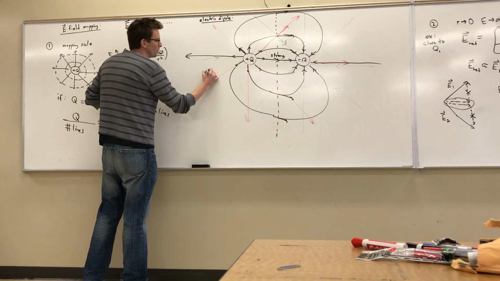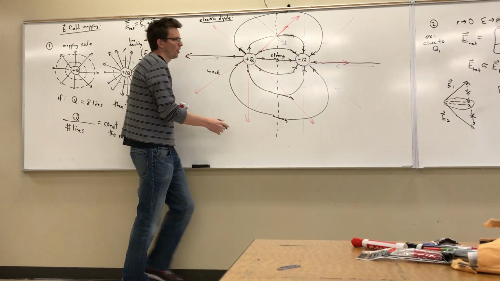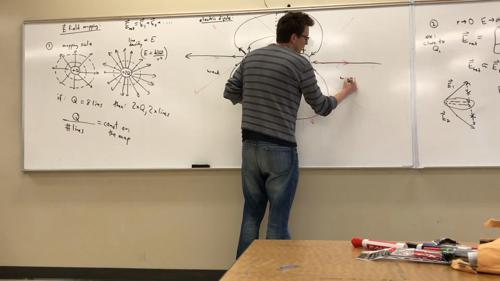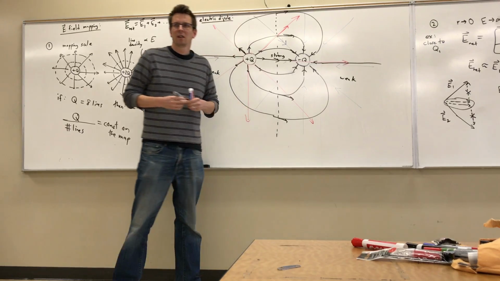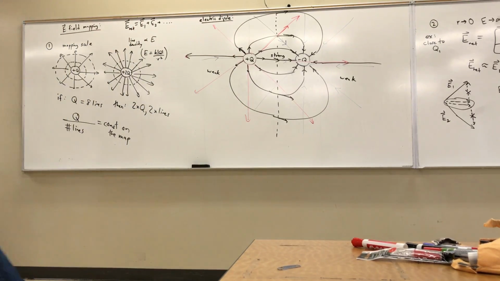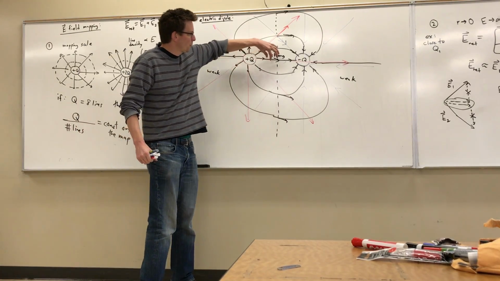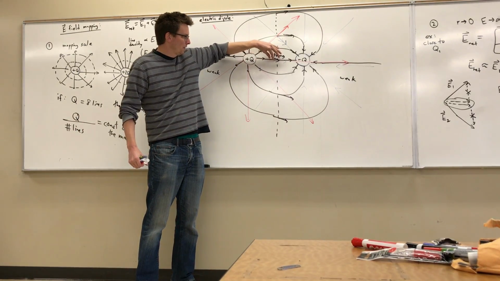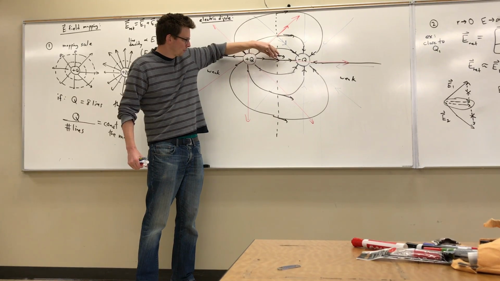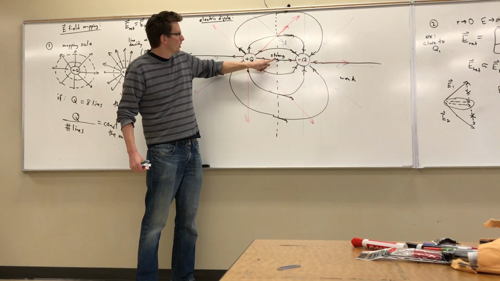Over here, we notice the field lines are pretty far apart. That tells us the field is weak, and of course we know why that is, because out in those regions the 2 charges are actually more canceling than reinforcing. And then, looking along the perpendicular bisector, if I've done this right, which is a big question, let's see.